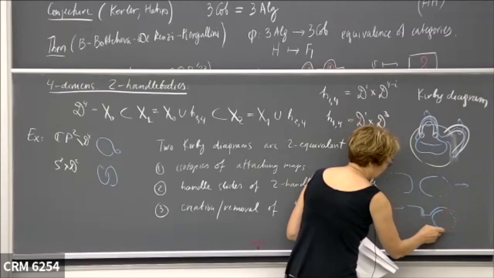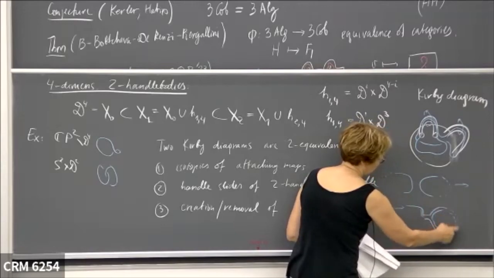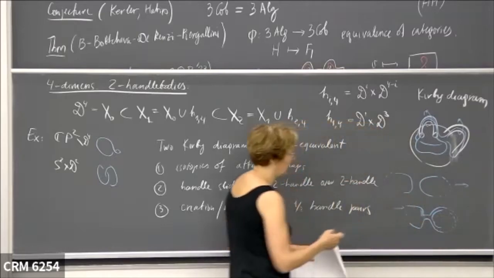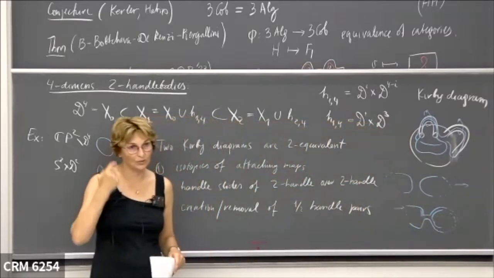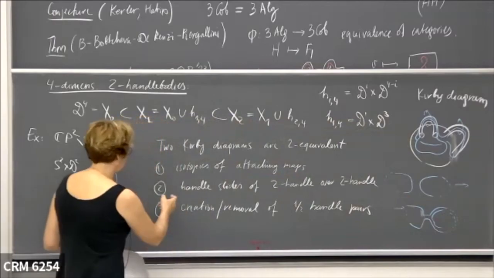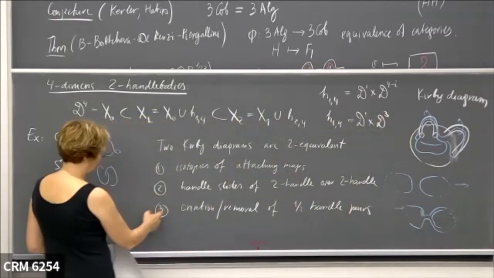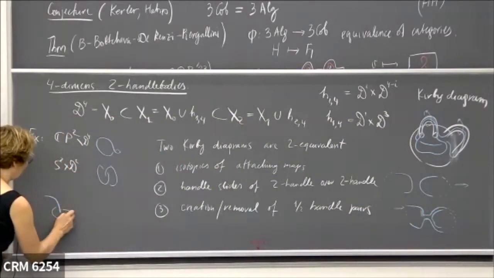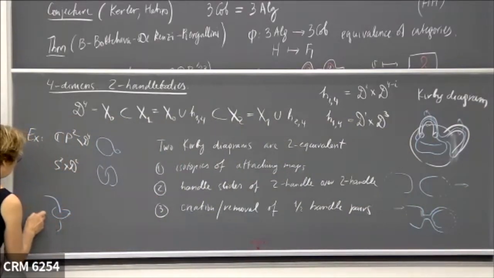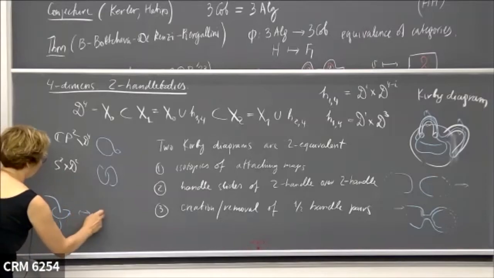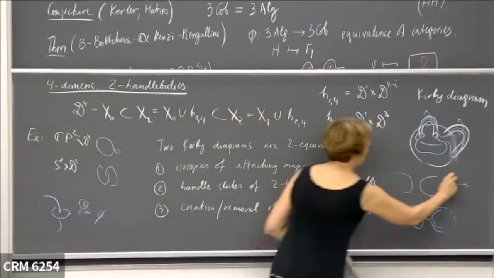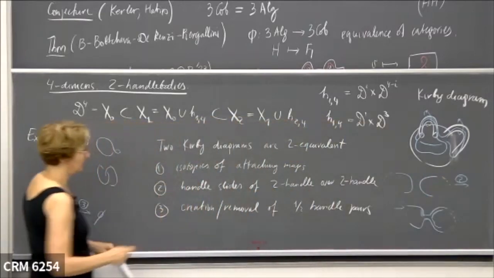You take the endpoint of the normal vector. This will define your second component like this. So this is the handle slide of 2-handles over other 2-handles. This is move number 2, and move number 3 allows you to remove each time if you have something like this. So this is 3, and this is 2. And 1 is just Reidemeister moves.